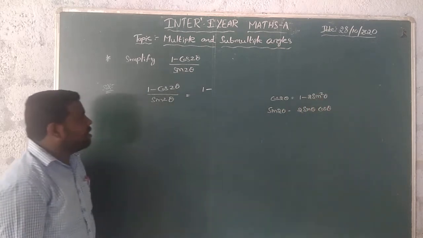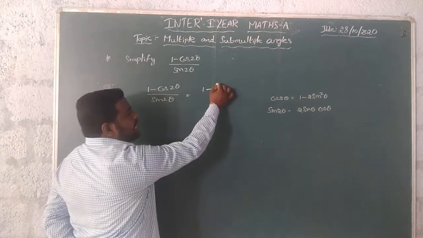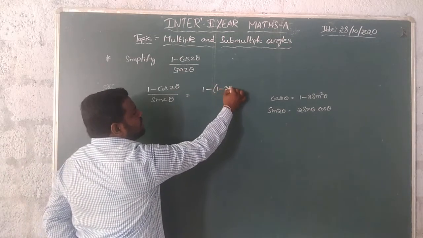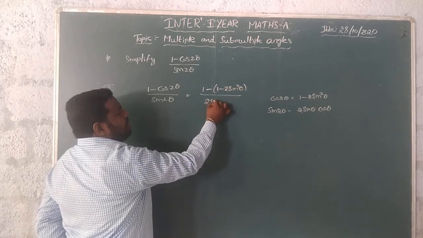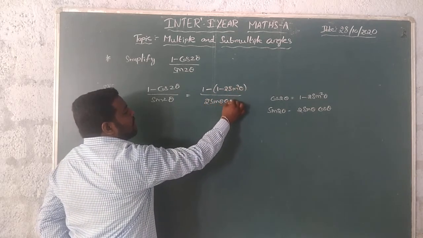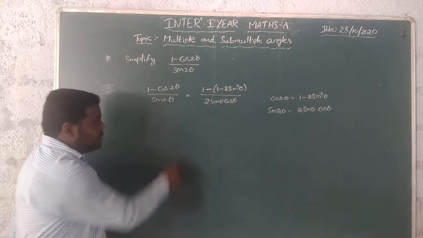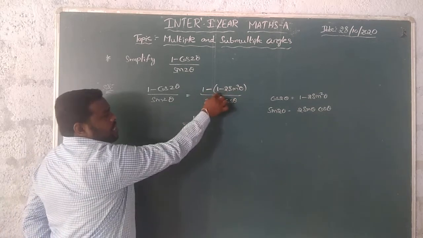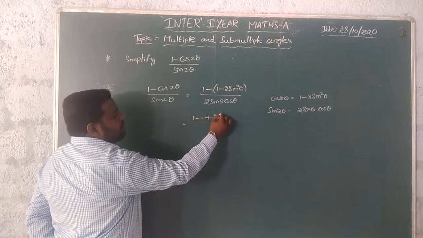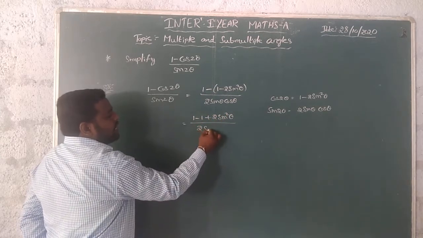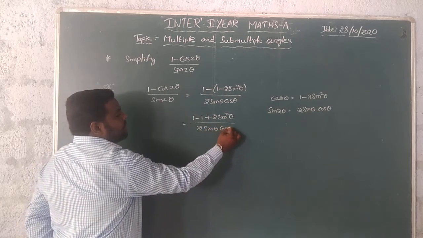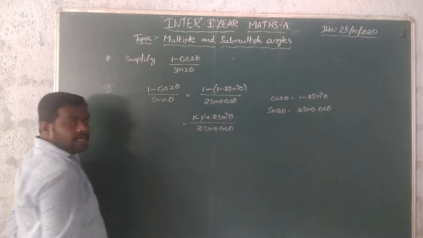So now 1 minus cos 2 theta can be written as 1 minus (1 minus 2 sin square theta) by sin 2 theta, which means 2 sin theta cos theta. That equals 1 minus 1 plus 2 sin square theta by 2 sin theta cos theta. So here plus 1 minus 1 get cancelled.